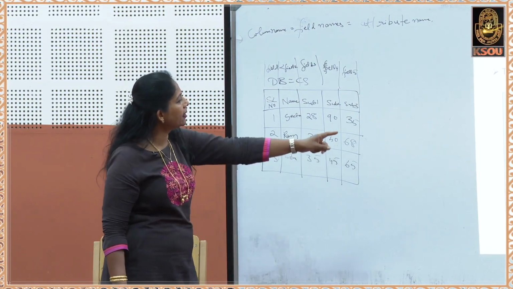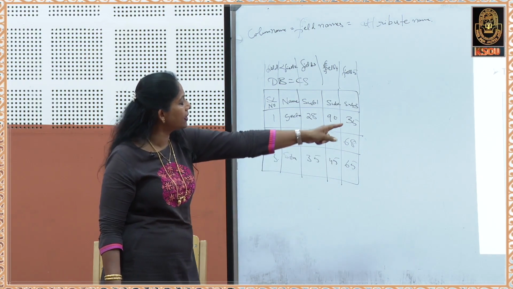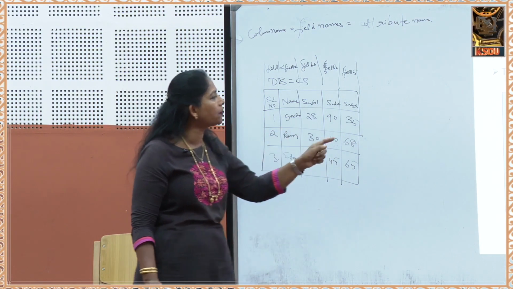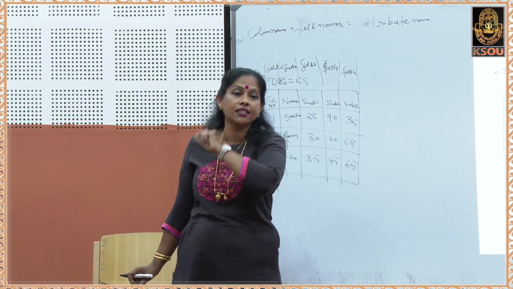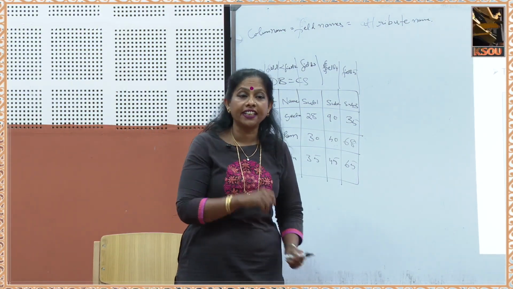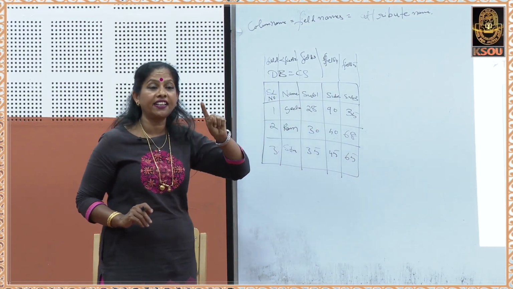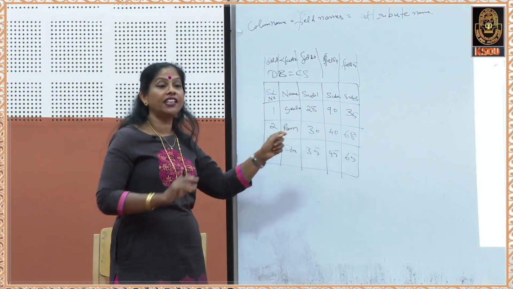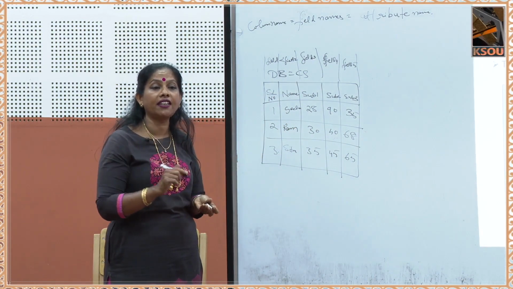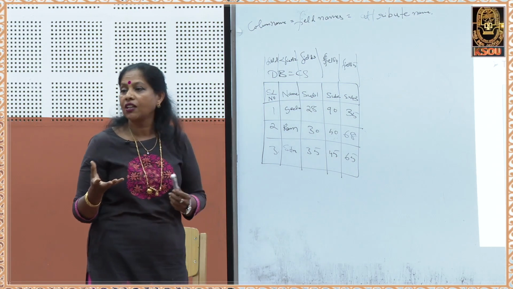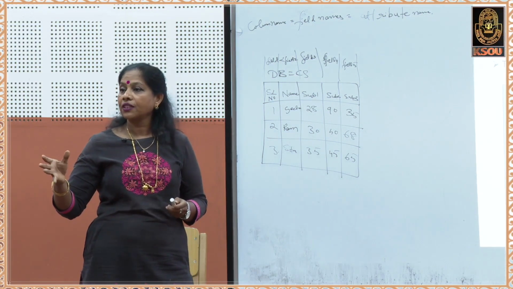Got it? Now, what is a record? One or more bytes that contain data about an attribute of an entity in the system. What is an entity? The whole row is called as an entity. Geeta entity. What is Geeta? Geeta's name, address, qualification, her subjects, marks, everything.